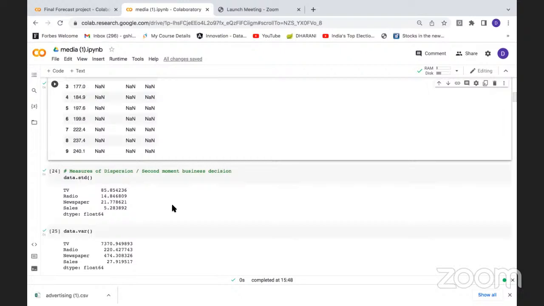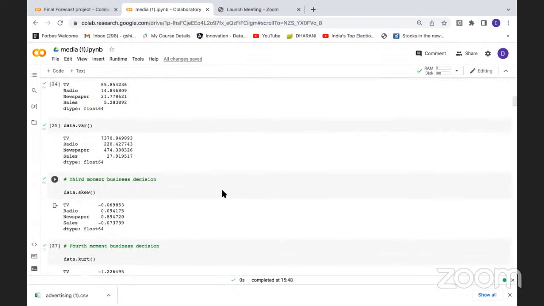If there is no variation, the information content is very less. So the more the variance, the more the information, and the better for prediction. That is the stake we have here. So 7370 is the variance you have.